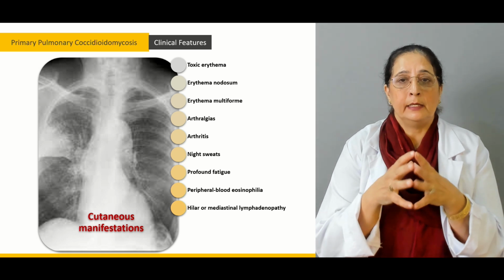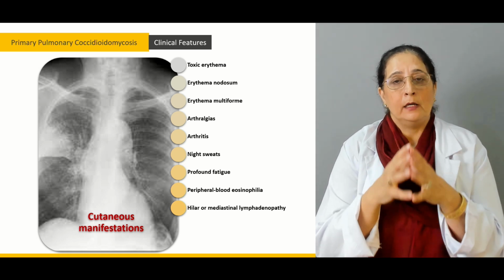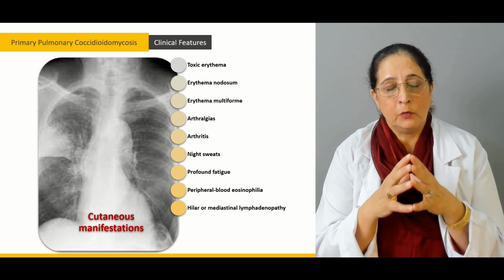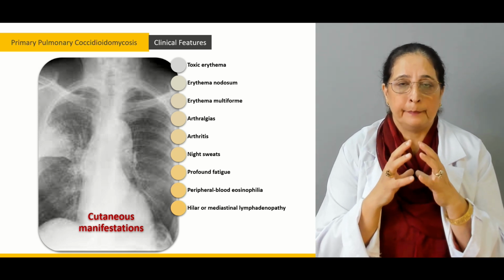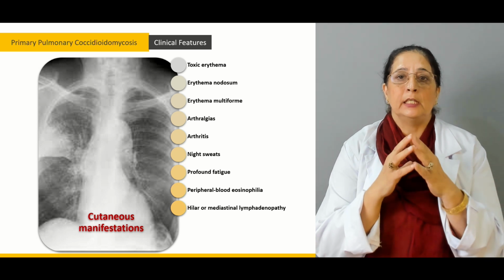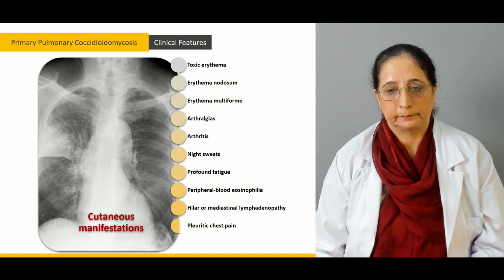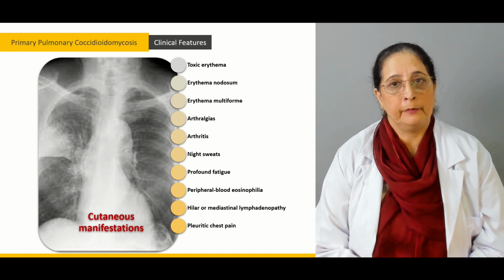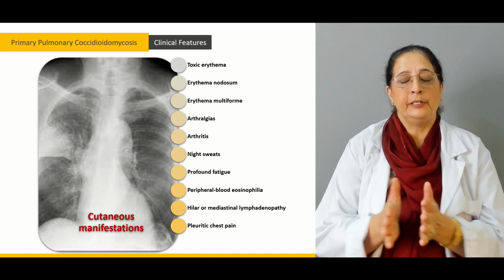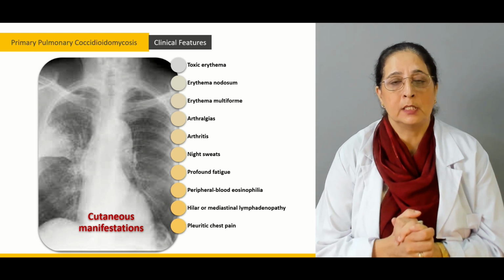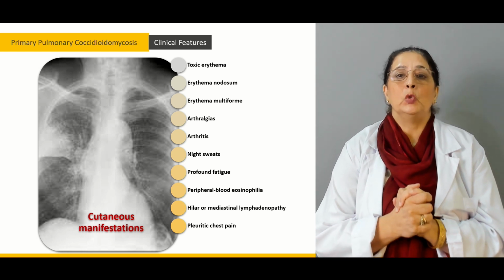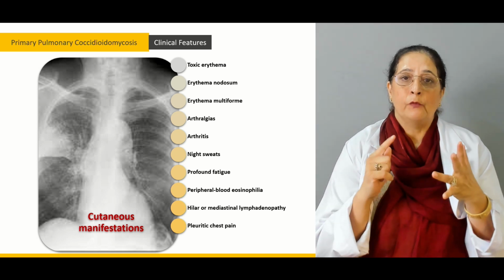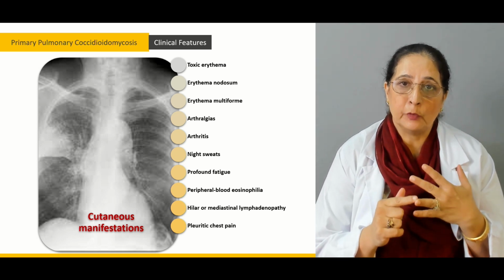So there is lymphadenopathy, or enlargement of the lymph nodes, and pathological changes in the lymph node. Pleuritic chest pain is also very common. So all these are features associated with coccidioidomycosis. 60% of patients are asymptomatic, 40% are symptomatic.